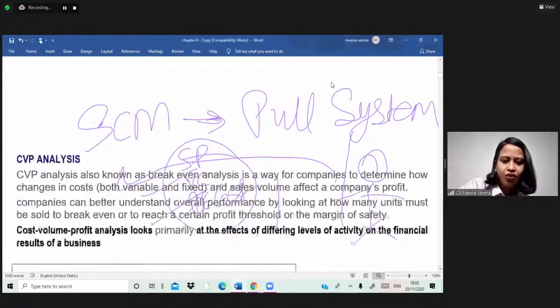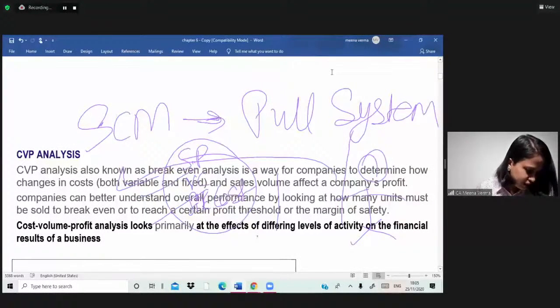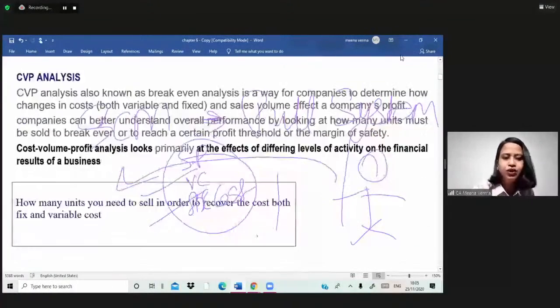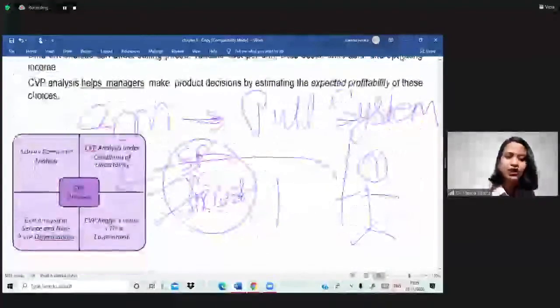So here we have the concept of CVP analysis, which is also known as break-even analysis. I hope you know all these things, so I don't want to discuss it in much detail.